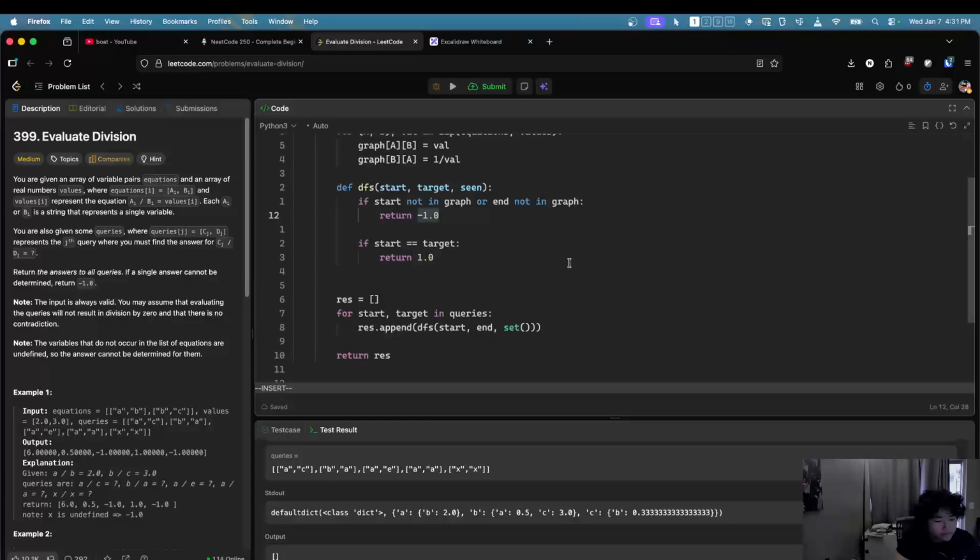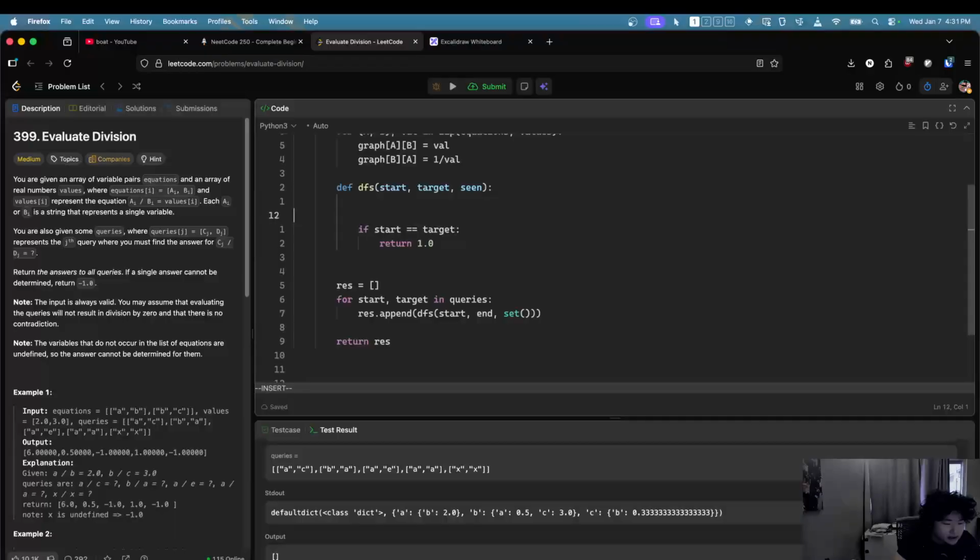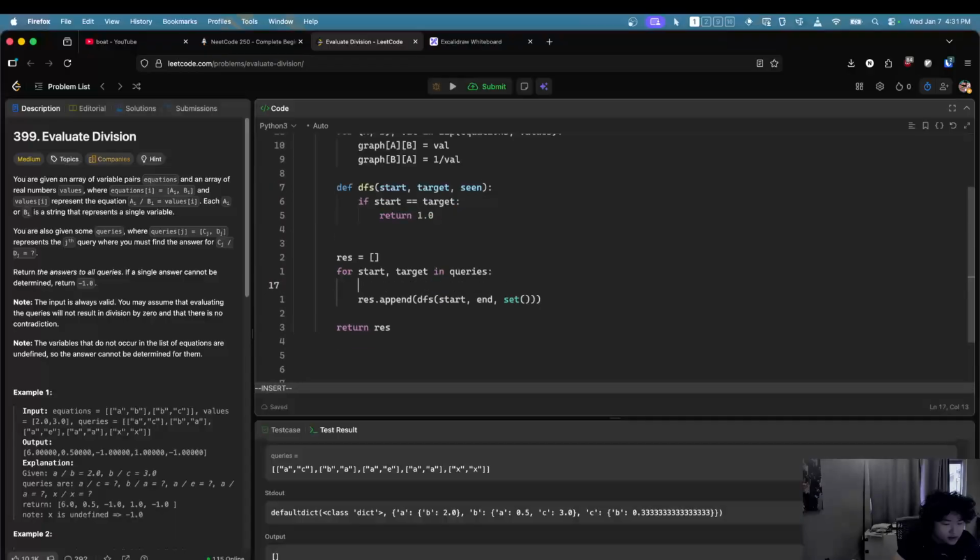Honestly, I could probably get rid of that, but I think it's nice to have it in a DFS. Actually, let's prevent that from ever happening. The base case is actually just start equals target. If start not in graph or target not in graph, res.append -1.0, else do this.